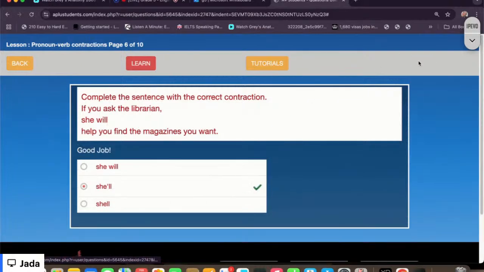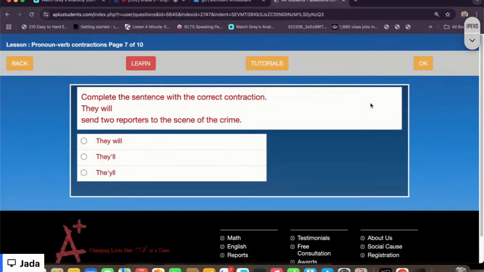Good job, guys. So they will send two reporters to the scene of the crime. What's the answer here? Okay, so we have they will.